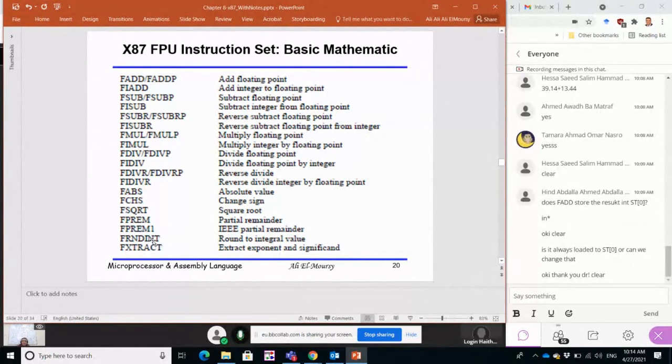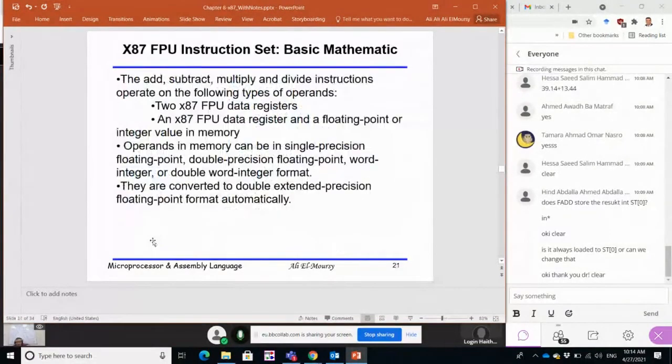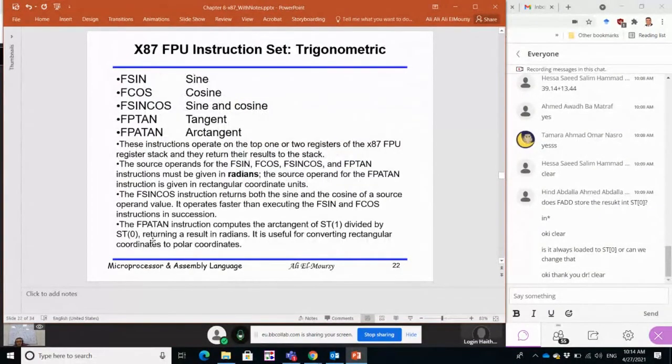In addition to the simple addition and subtraction, multiplication and division, you can also do complex operations. Like what? Like trigonometry. You can get the sine, the cosine, the tangent, the arctangent. All of those instructions are implemented in the instruction set for the X87.